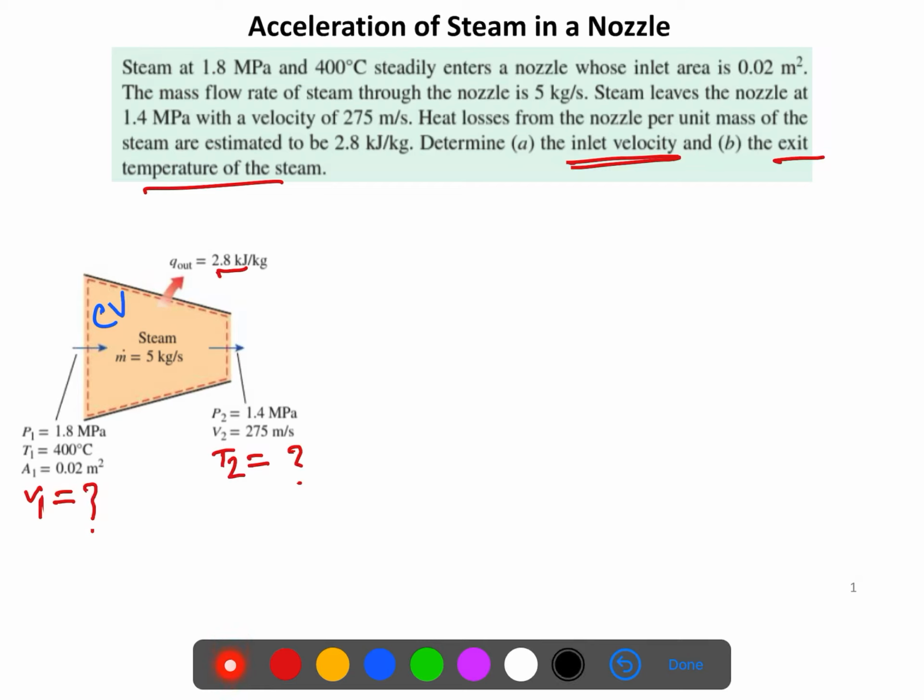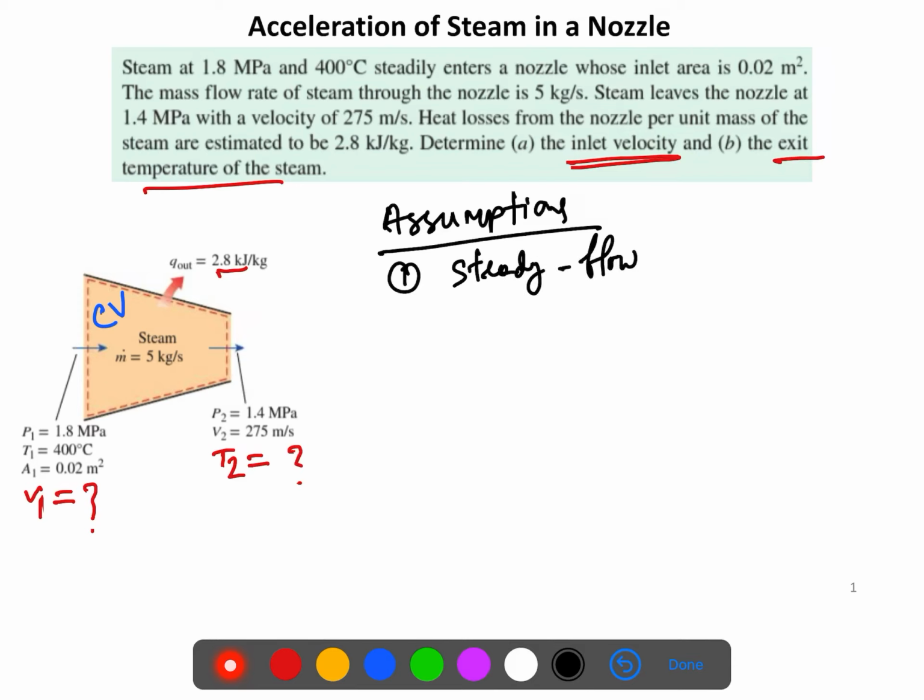Initially, we'll write down some assumptions. For every problem, we write down some assumptions. The first assumption for this problem is that this is a steady flow process. You know the definition of a steady flow process: it will not change with time. So the mass entering the control volume equals the mass going out.